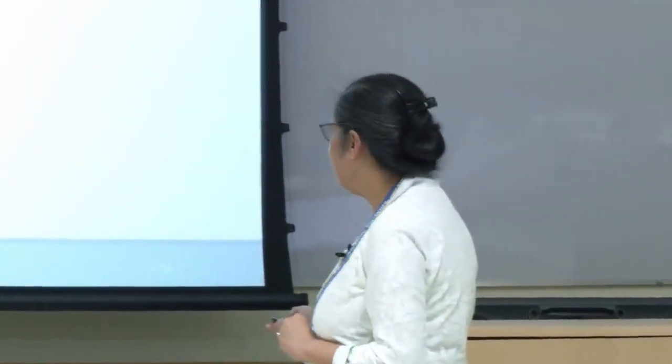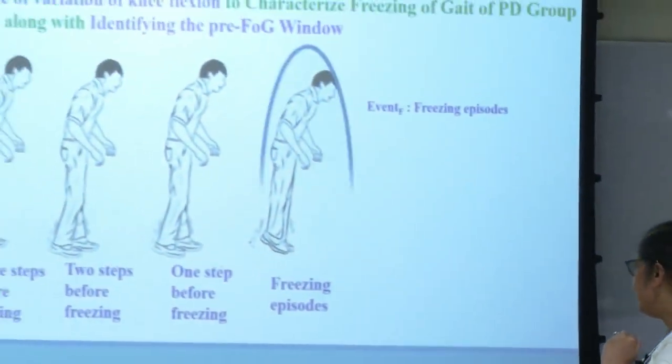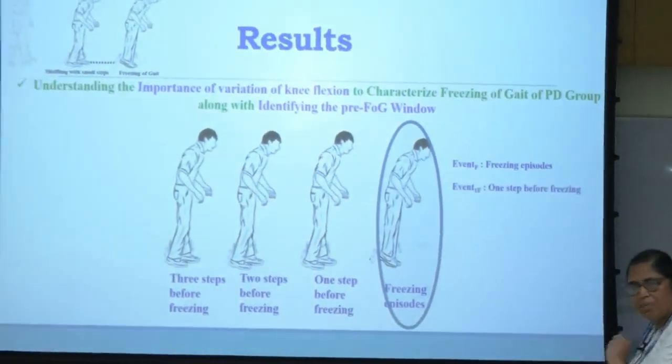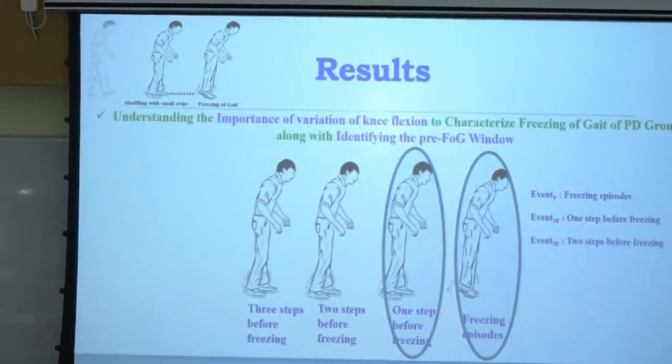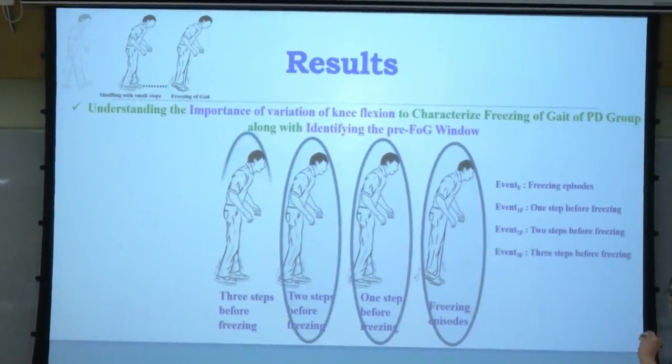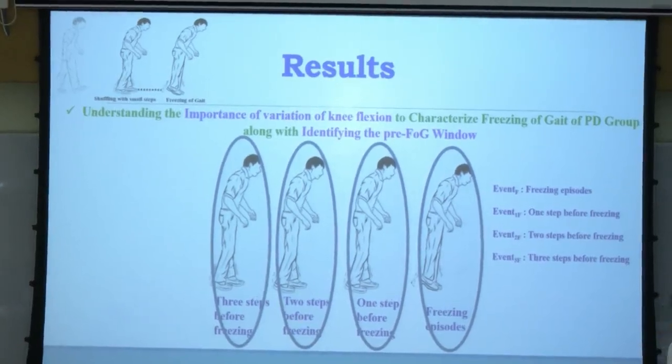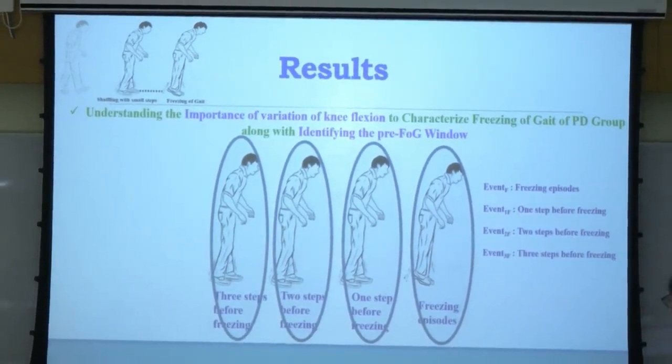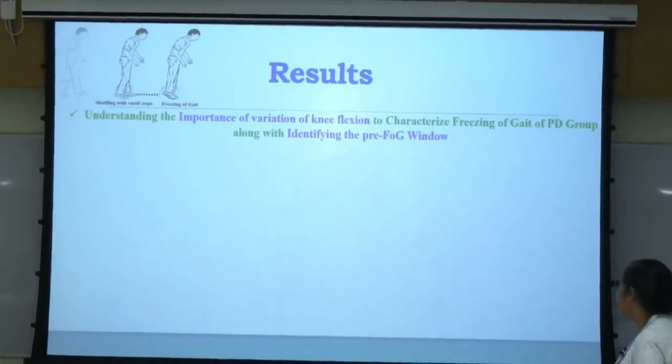So we were trying to take instances at the freezing, 1 step before freezing, 2 steps before freezing, and 3 steps before freezing. Because it was a short pathway, we could have gone more, but we started with 3 steps before freezing.